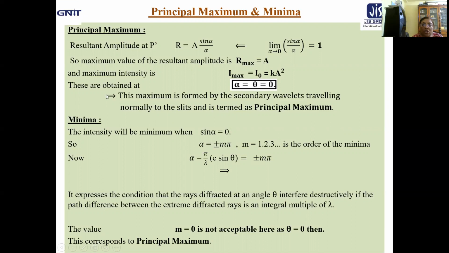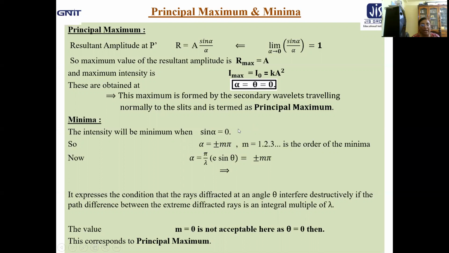Okay. So I am repeating, where to get principal maximum? By putting alpha equal to theta equal to 0, you will get principal maximum at the point P, which is formed by secondary wavelets traveling normally to the slit, and this is termed as principal maximum. Okay, this is 1.